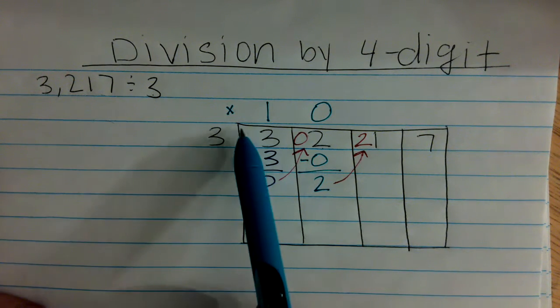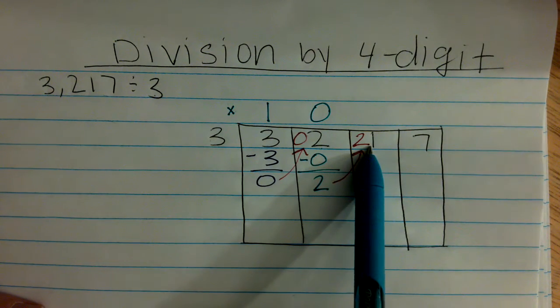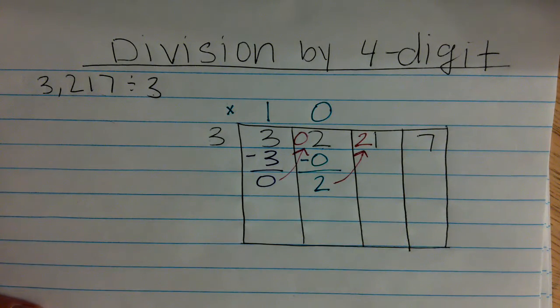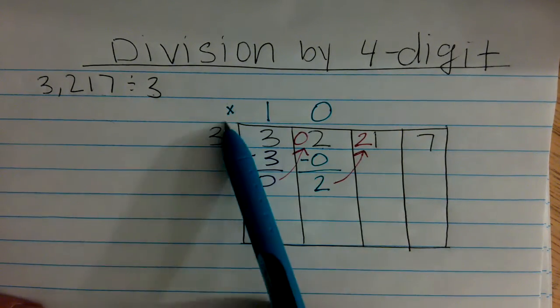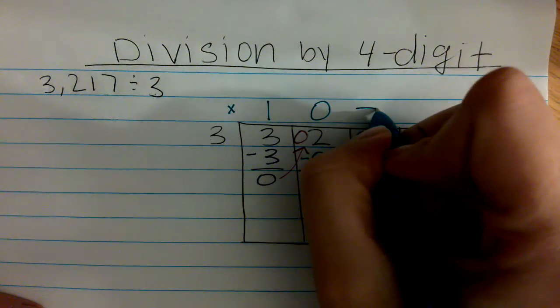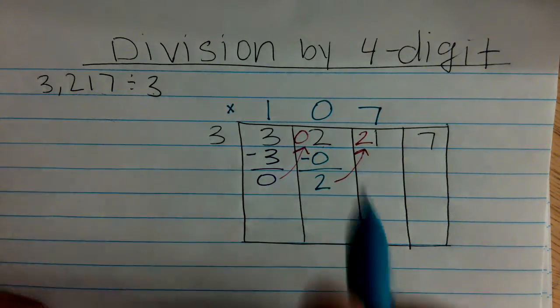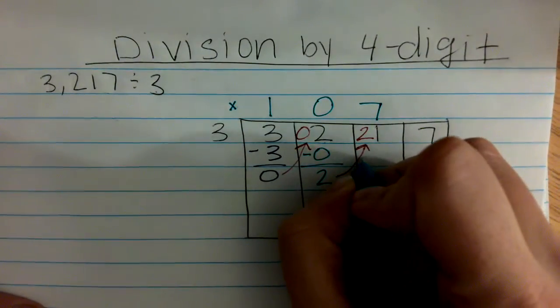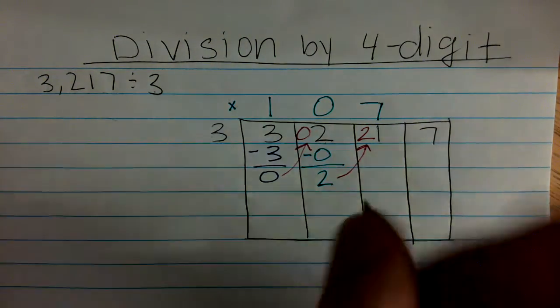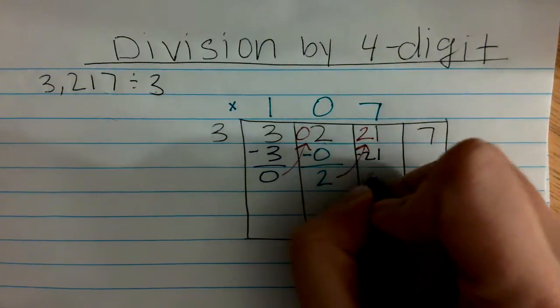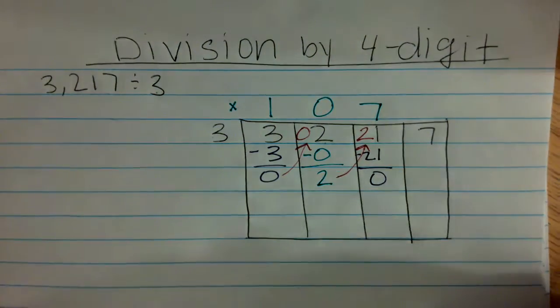Now, 3 goes into 21. Well, if I know my multiplication facts, I know that 3 times 7 equals 21. So 7 times 3 is 21. That leaves me with 0.